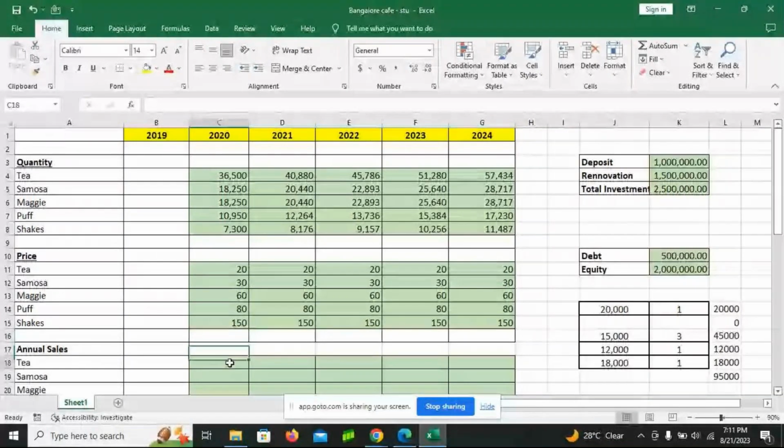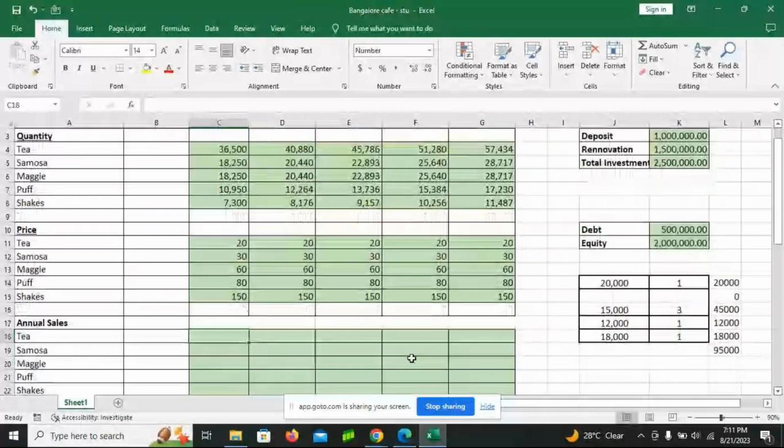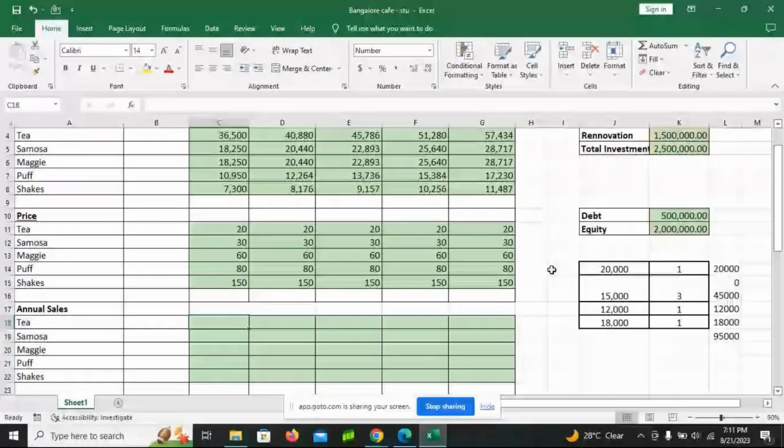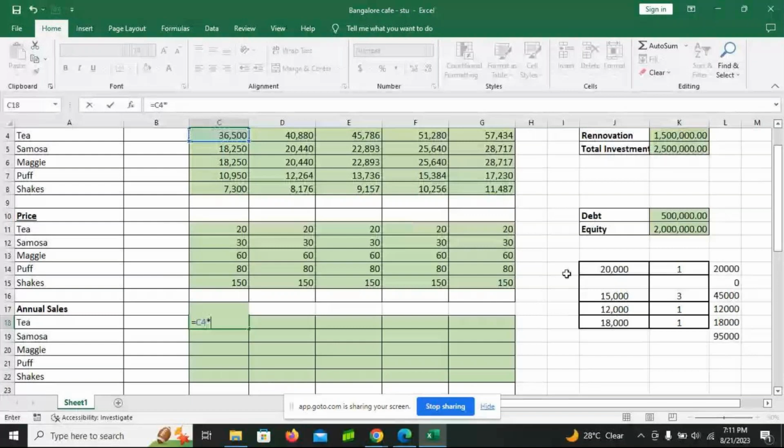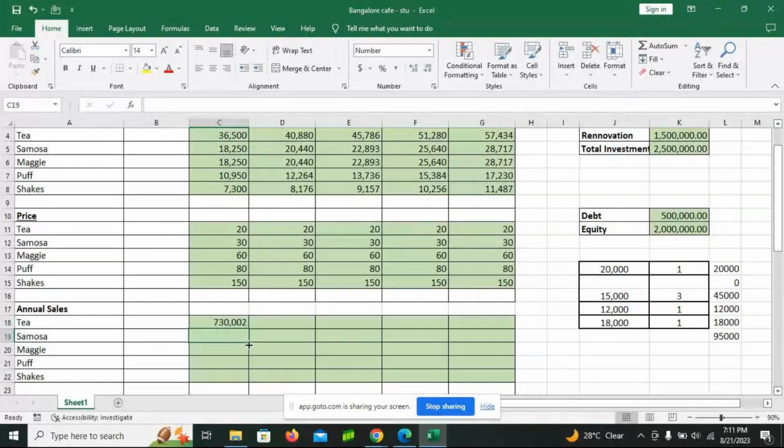So annual sales: 36,500 into 20. Into 30. 60.